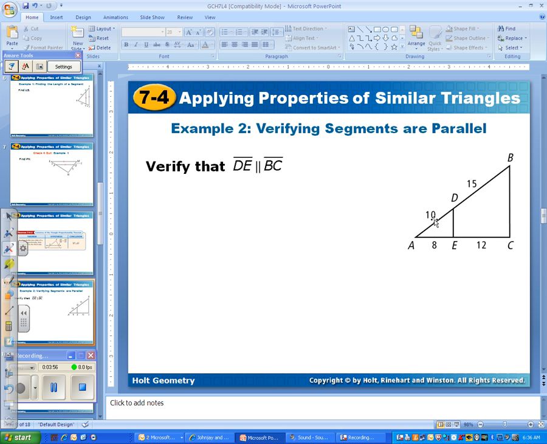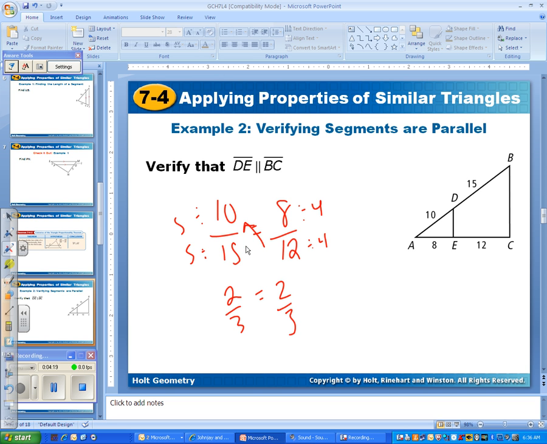So all you have to do is set up a proportion. 10 over 15, is that the same as 8 over 12? You guys can reduce and say, well, let's see, I can divide both of these by 5. So that would be what, 2/3? And I can divide both of these by 4. And oh my gosh, it's 2/3 as well. You could reduce if you want to, or you can cross multiply and say 10 times 12 is the same thing as 8 times 15.